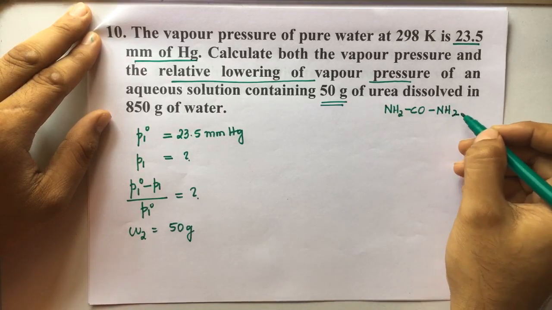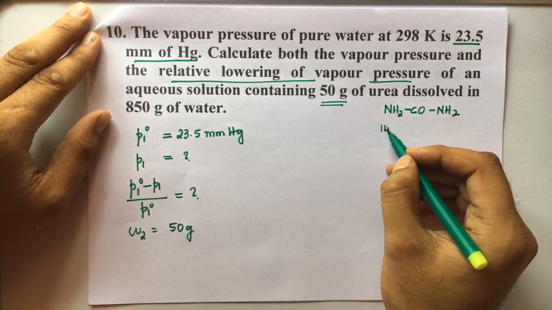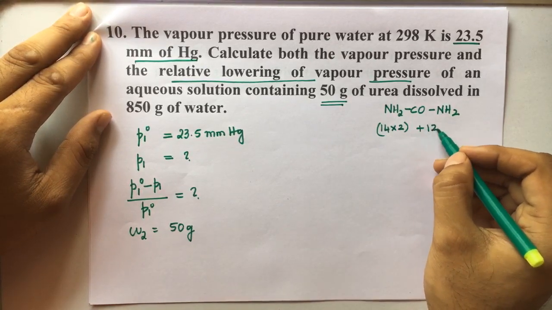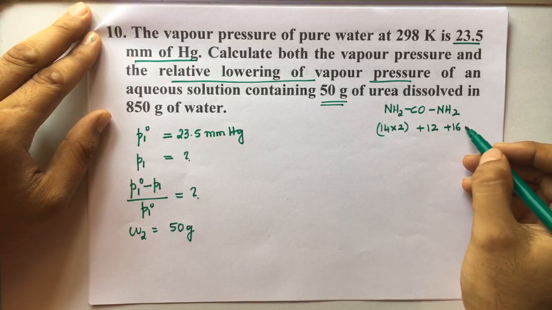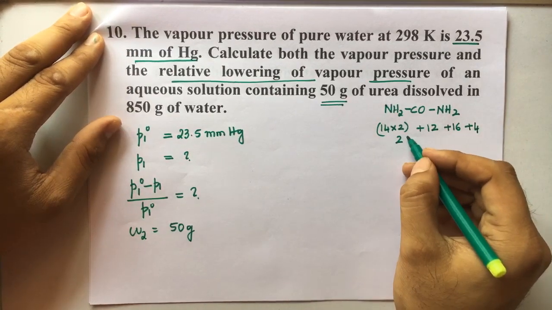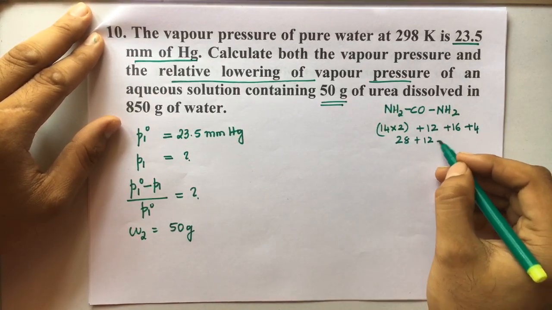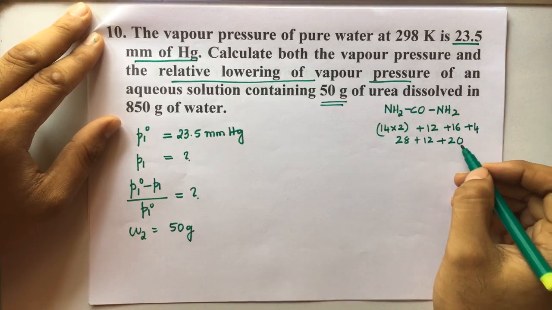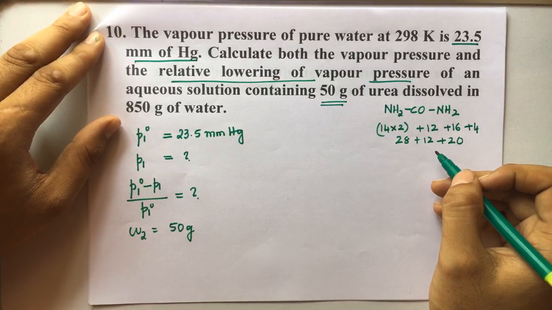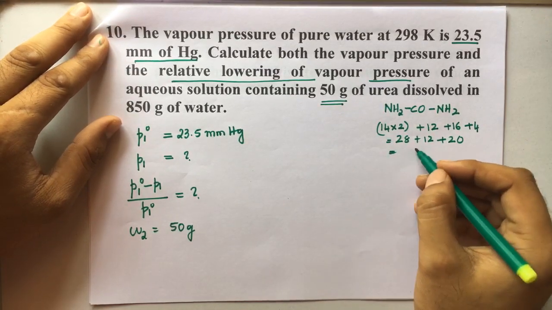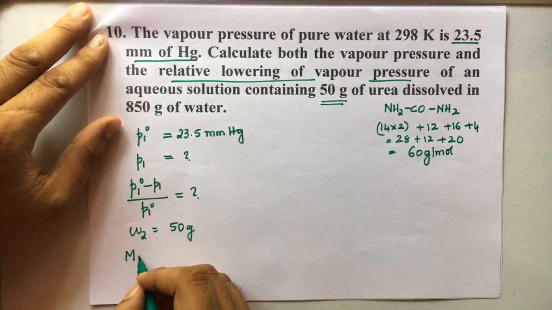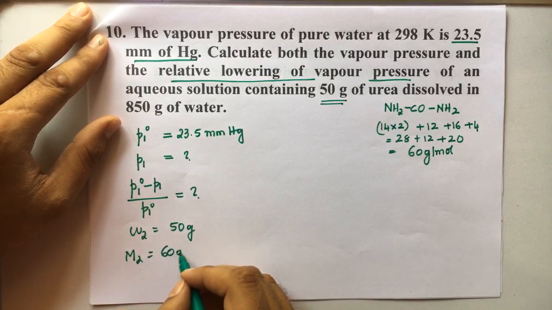You can calculate the molar mass of this. 2 nitrogen atoms, that is 14 multiplied by 2, plus 1 carbon, that is 12, plus 1 oxygen, that is 16, plus 4 hydrogens, that is 4. 28 plus 12 plus 16 plus 4 is 60 gram per mole. So you know that the molar mass of the solute is equal to 60 gram per mole.